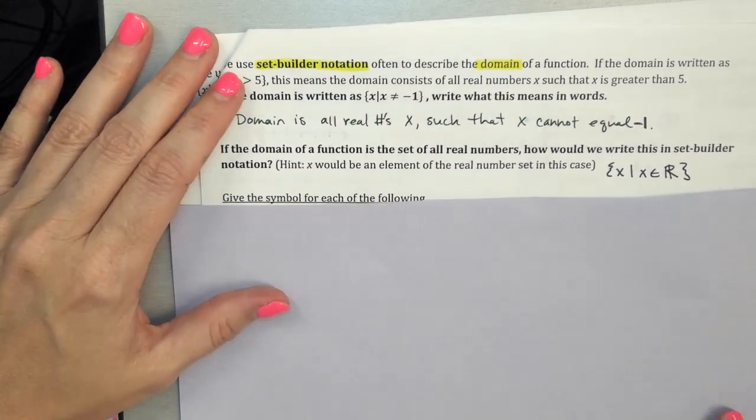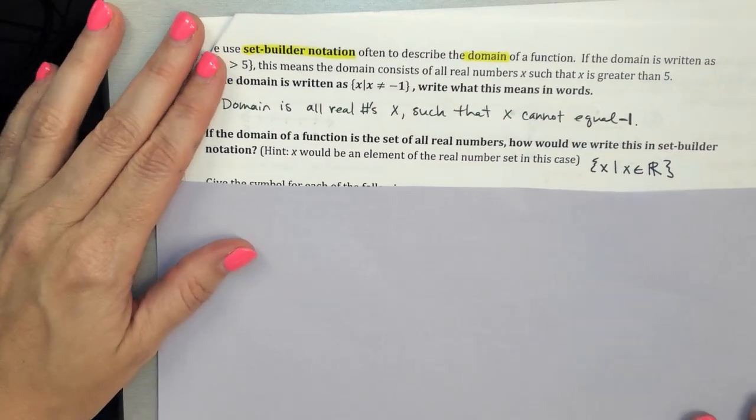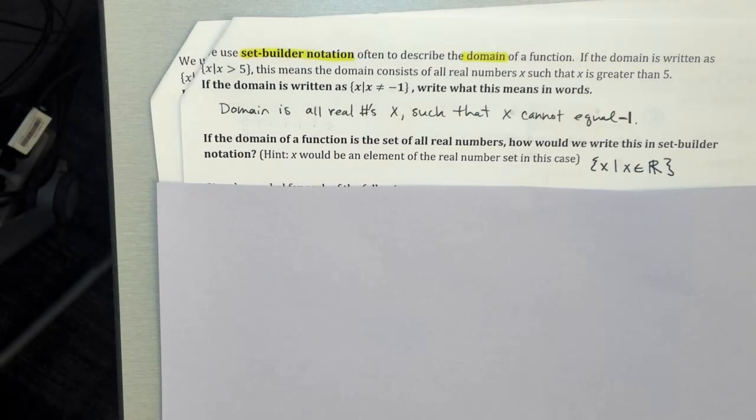For the first one, you should have the domain is all real numbers x such that x does not equal 1, and then x such that x is an element of the real numbers. Go ahead and make any adjustments you need to make.